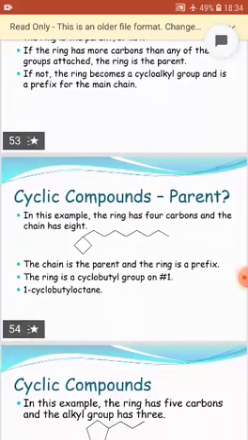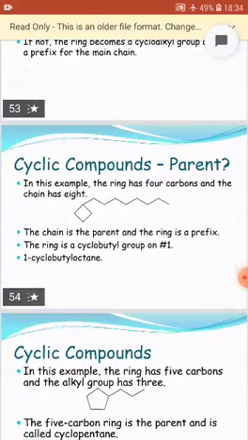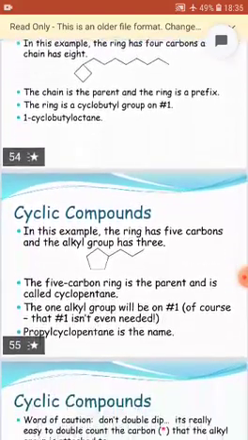In this example, the ring has 4 carbons and the chain has 8. The chain is the parent and the ring is a prefix. The ring is a cyclobutyl group on position 1. So 1 cyclobutyl octane.